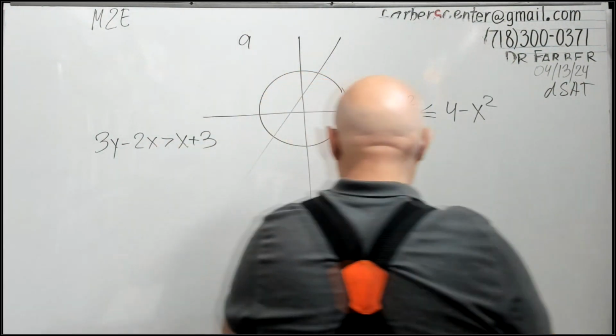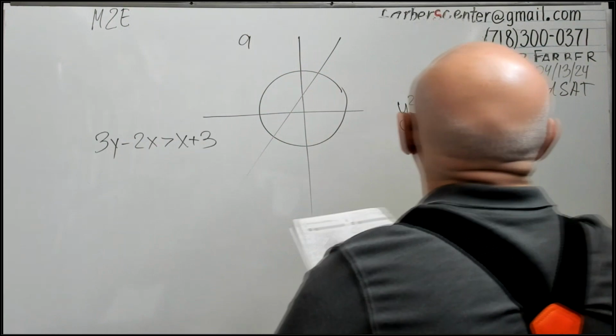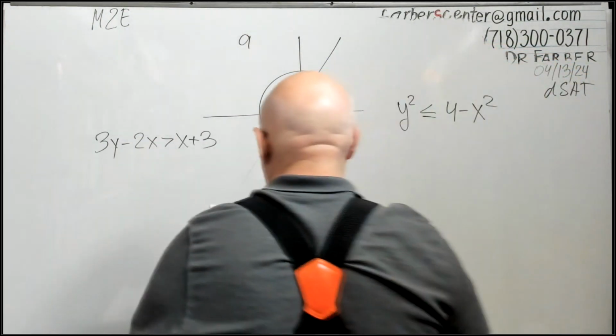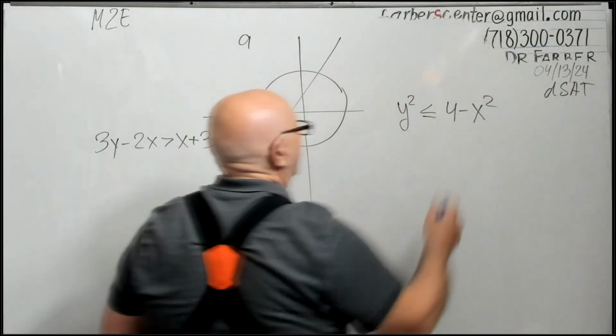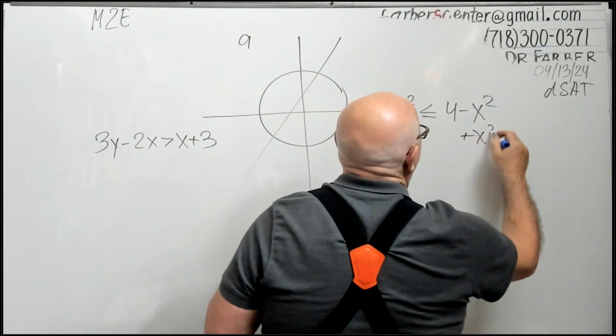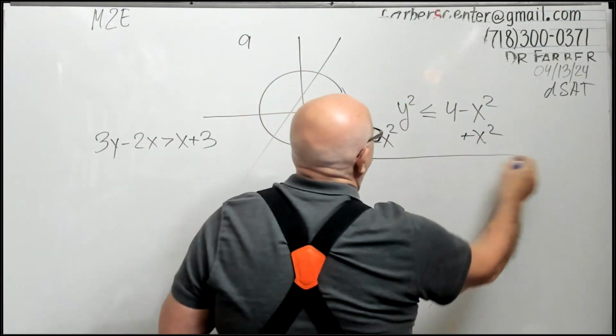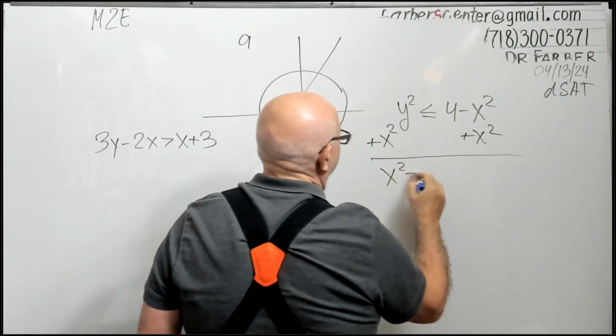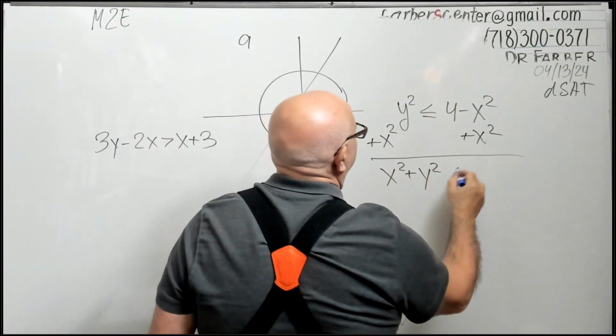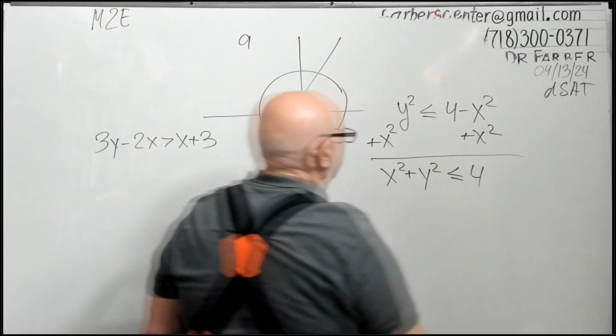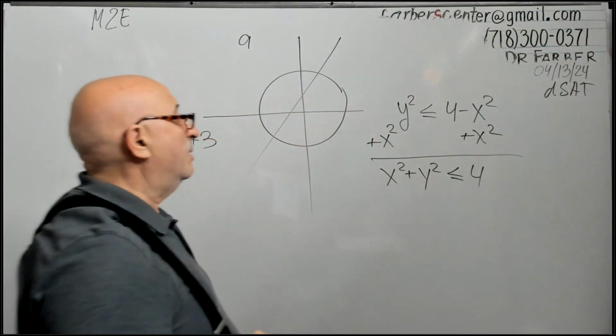So first of all, again, normalize it. Plus x squared, plus x squared. You will have x squared plus y squared less or equals to 4. What is it? Remember this?